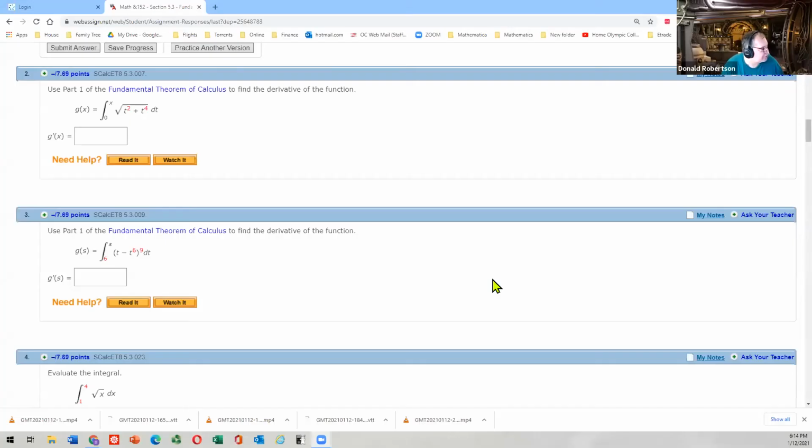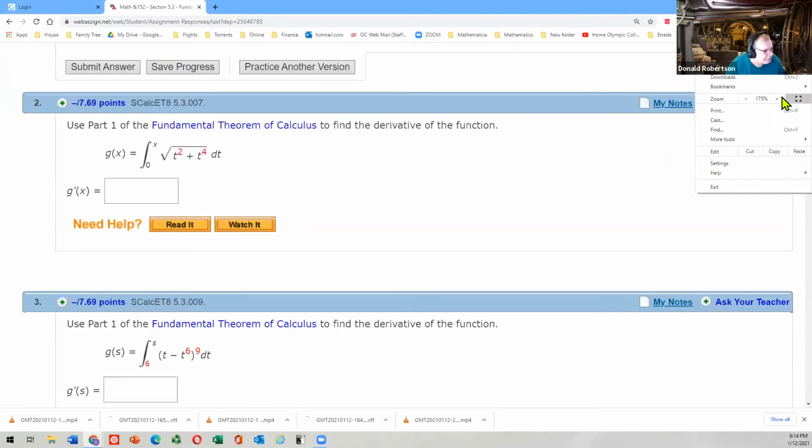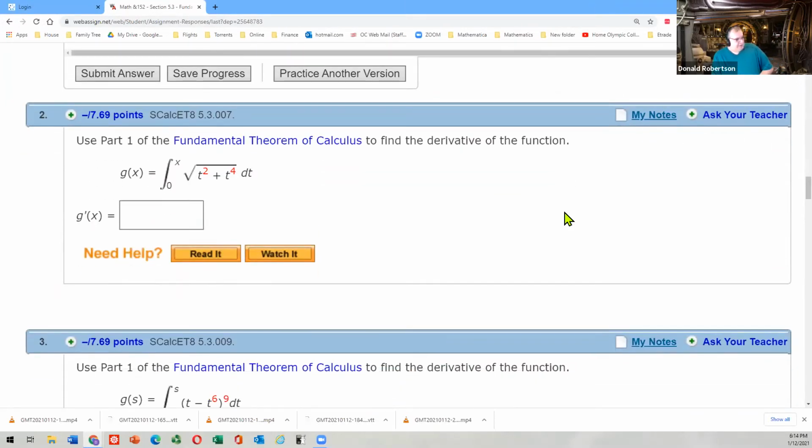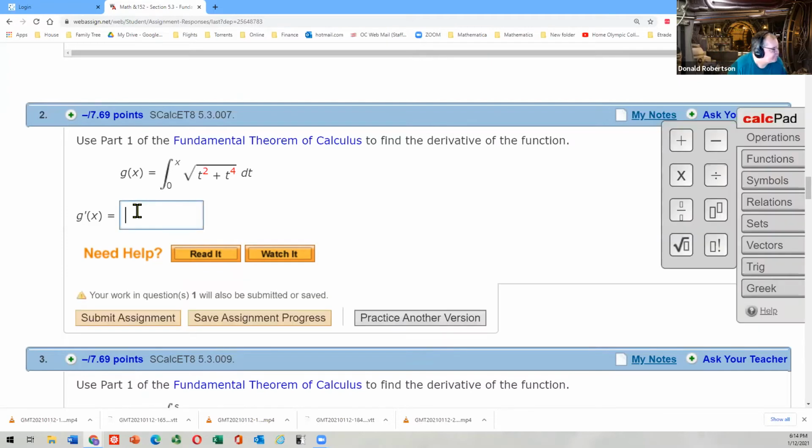Now, the ones that I've got may not be exactly the same as yours because they do change them a little bit, but at least you'll get the gist of what's going on. Okay. Here's question 2. Let me make that a bit bigger. There, maybe even one more. Oops. Nope, still good. The area function g of x is that guy. What's the derivative of g of x?